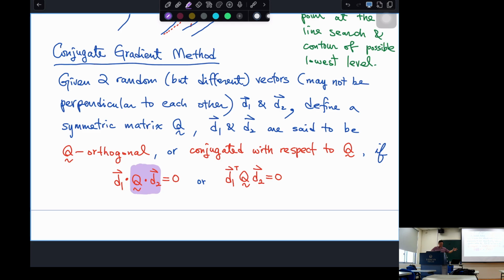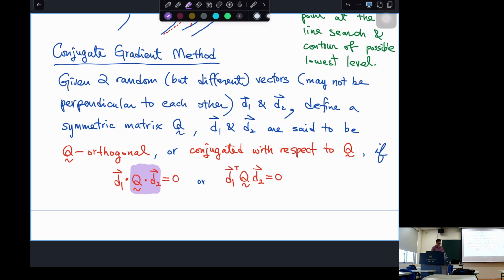That means after the Q transformation, D1 and the new D2 are perpendicular to each other. So we call this Q orthogonal, or you can say conjugate with respect to Q.